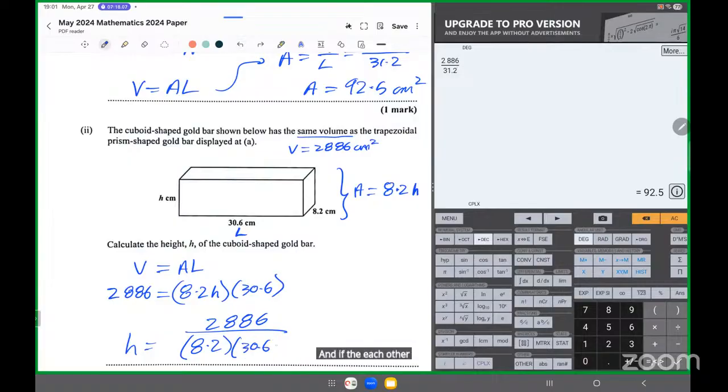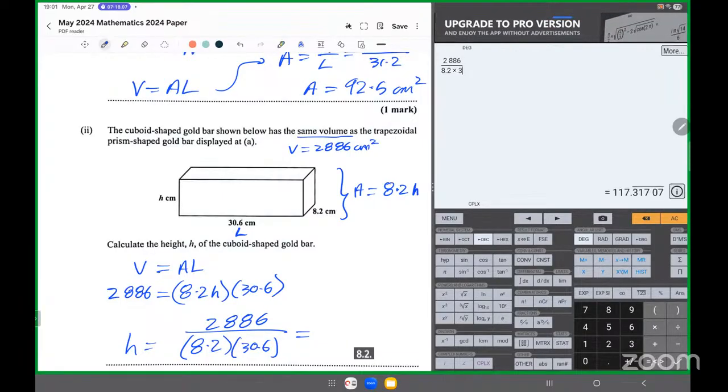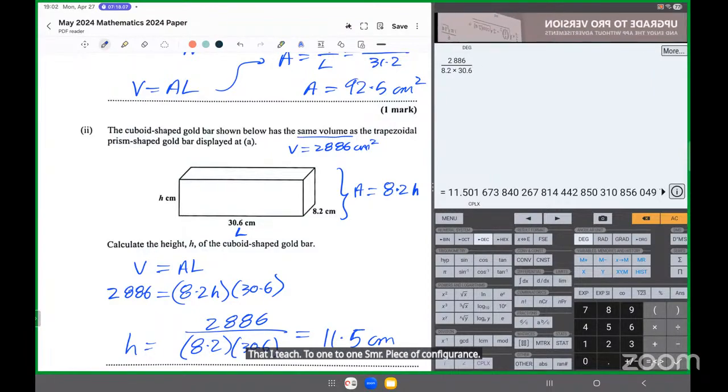So H equals 2886 over 8.2 times 30.6. I get 11.5 centimeters, to one decimal place, which is three significant figures. That is the height H of this cuboid. That is it.